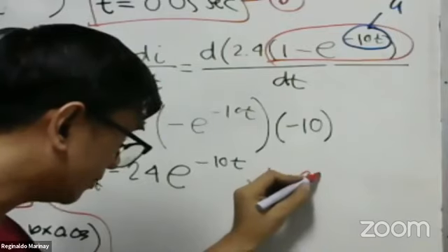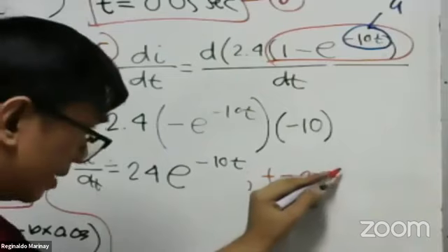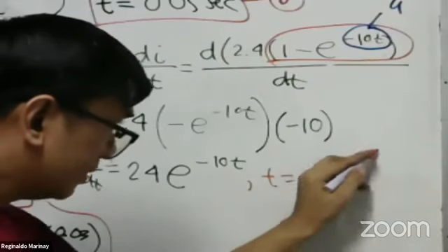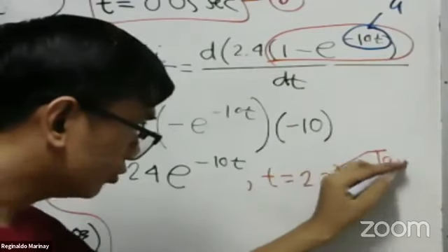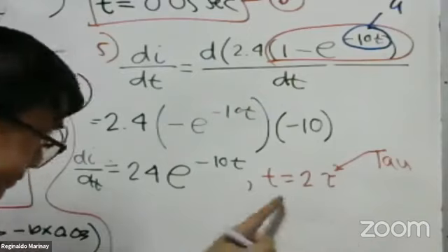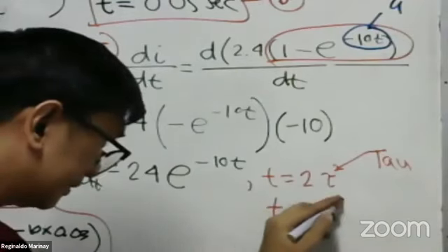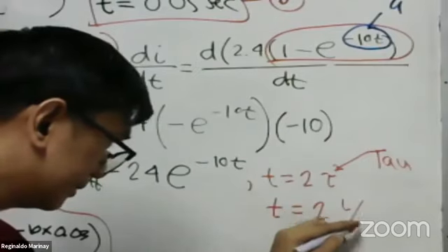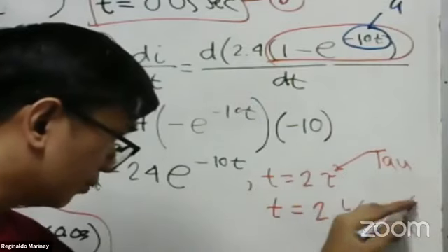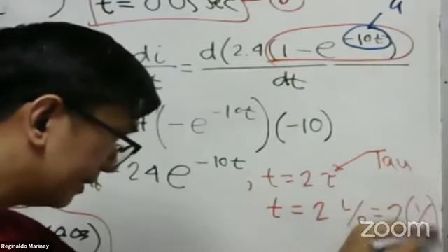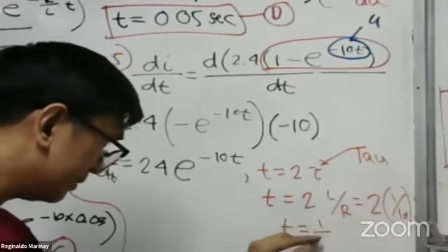You know the symbol of time constant, right? Some books use this symbol, the Greek letter tau. So our t is equal to 2 times L over R. Our L is 1 and our R is 10. So our time is simply 2 over 10, or 1 over 5.